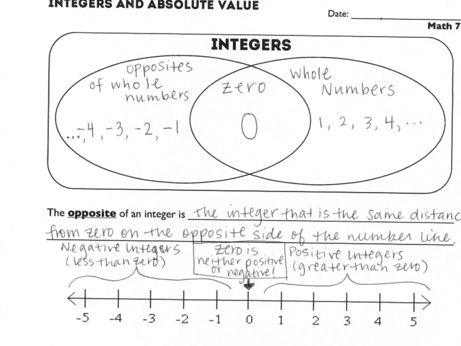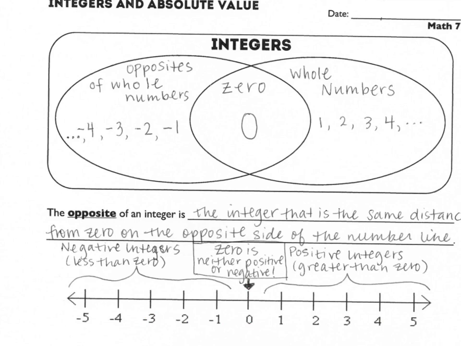So on this number line right here, we have negative numbers, which are less than 0, and we have positive numbers, which are greater than 0. And here we have 0, which is neither positive nor negative. If we say, for example, the number +3, the opposite of that is going to be the same distance on the number line but in the opposite direction.